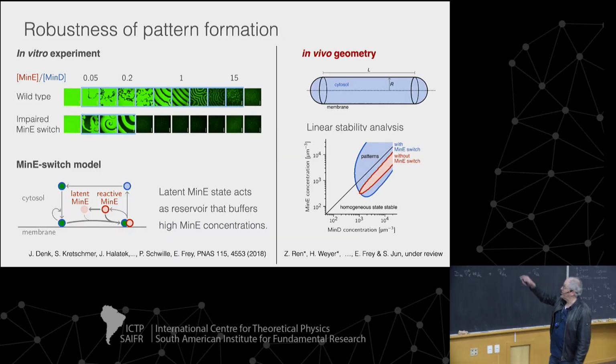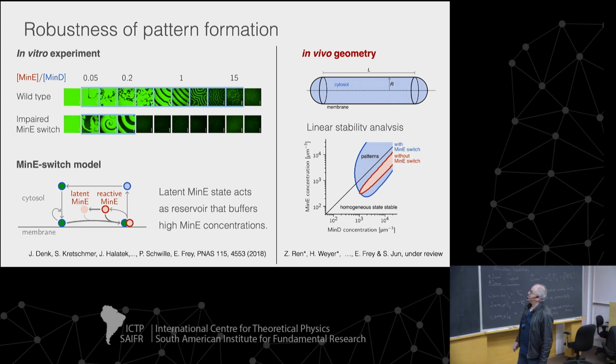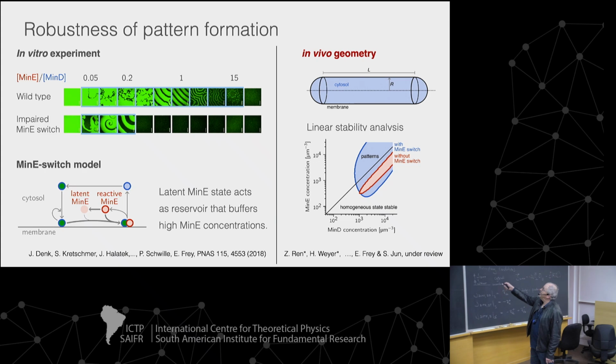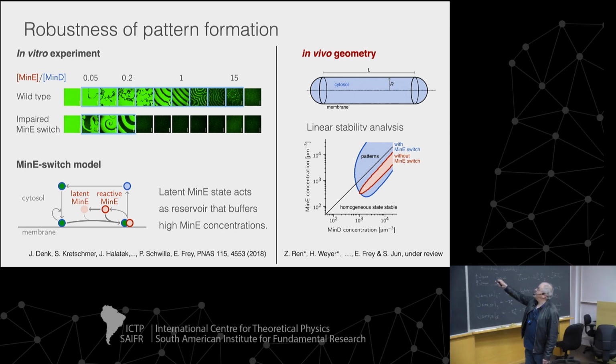On the right-hand side, that's what I explained to you. That's this latent min E, which acts as a reservoir that buffers high min E concentrations. And now when Henrik did the simulations in a setting that is confined to the spatial geometry of a cell, what he finds is that, again, this robustness should also be valid in the in vivo system.